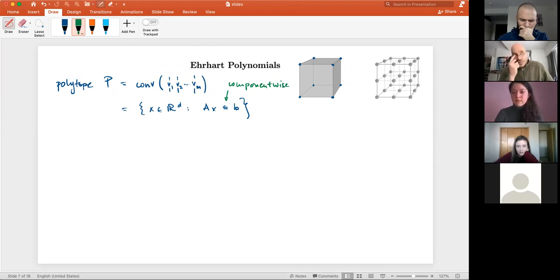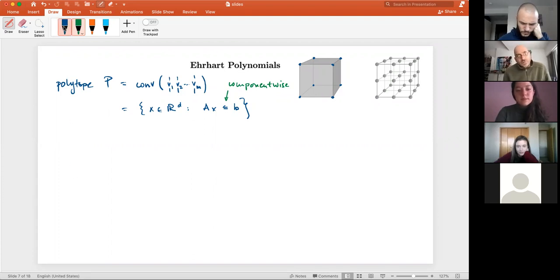If you've never dealt with polyhedra, it's not obvious that those two descriptions give you the same set of objects, but that's a theorem. This is the fundamental theorem of polyhedral combinatorics, or discrete geometry, if you want: any such convex hull can be written as a solution set to a linear system of inequalities, and any such solution set, as long as it's bounded, is the convex hull of finitely many points.